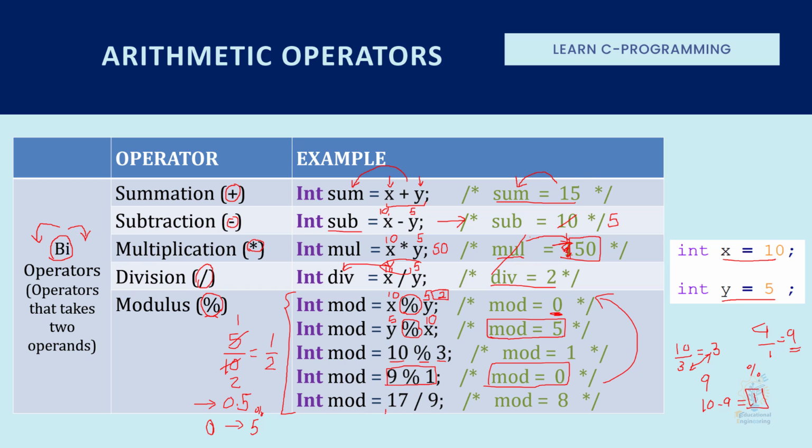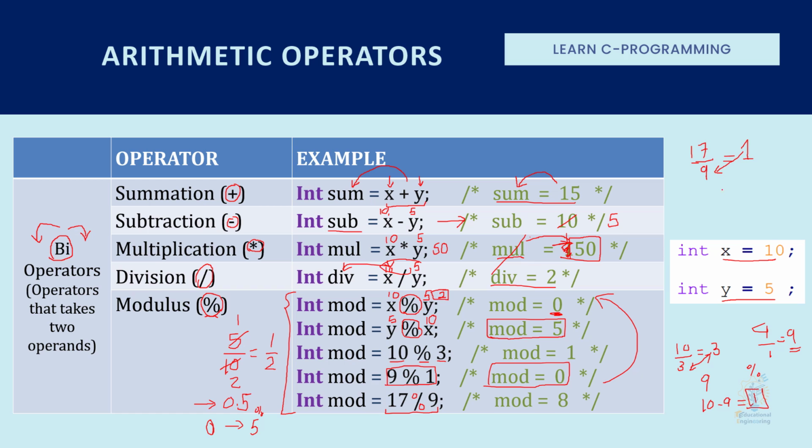Now let's try this one. This is the mod, not the division. So 17 divided by 9, it will equal 1. So here, write 1.